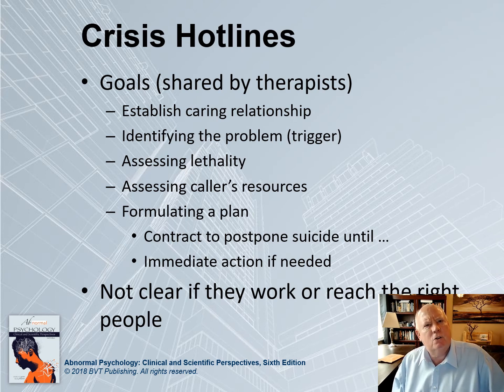Perhaps they can give it to a family member or a friend to hold for a while. They don't have to tell them exactly why, just get it out of the house. That means that they can't commit suicide impulsively. They will have to take several steps over a prolonged period of time, and therefore they'll have many opportunities to say, I'm not sure I really want to do this.